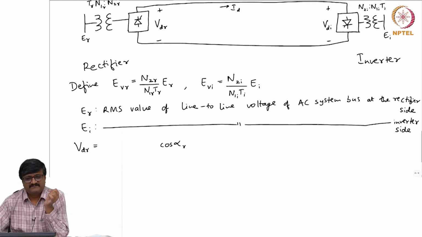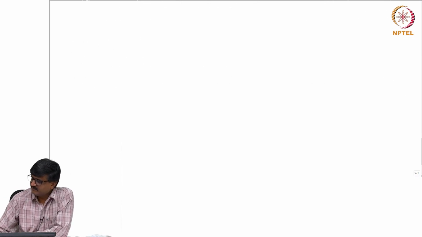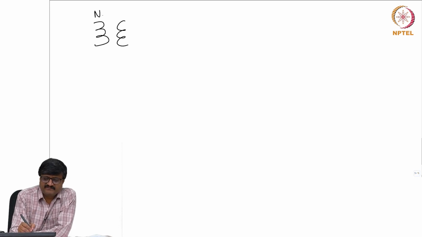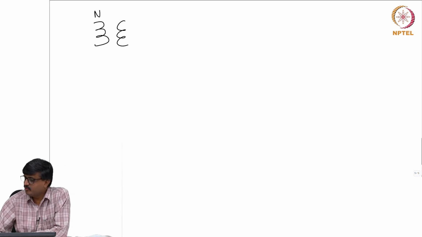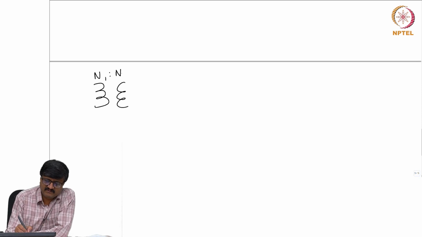Suppose I have a transformer with ratio N1 by N2, and suppose this is V1.